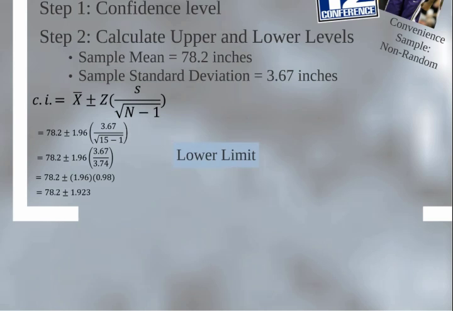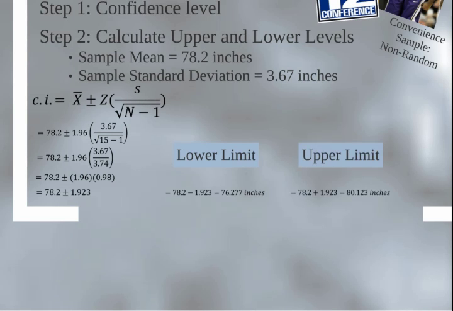So our lower limit is the sample mean height minus 1.923, and we get 76.277 inches. And our upper limit, we get 80.123 inches.